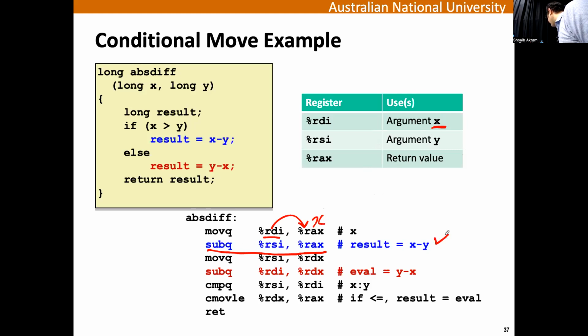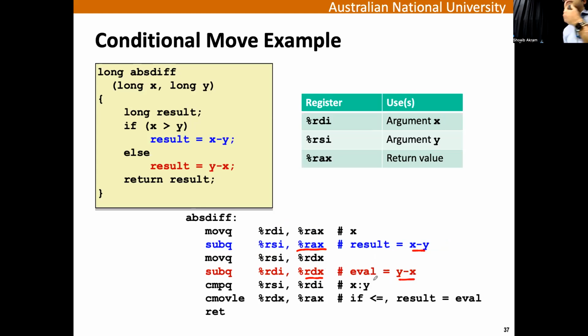So this is x minus y. This is y minus x. So at this point, RAX contains x minus y, and RDX contains y minus x.